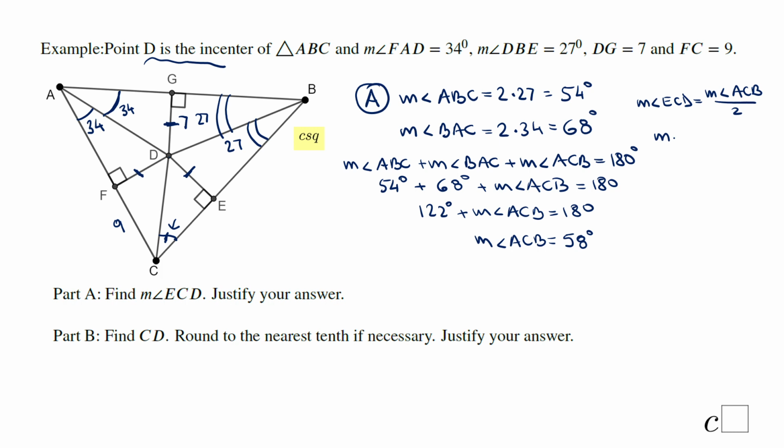So we're going to have 58 divided by 2, and that will be 29 degrees. So that is the first part of this problem. And now let's move to part B.